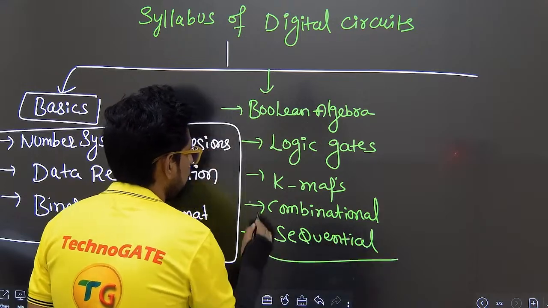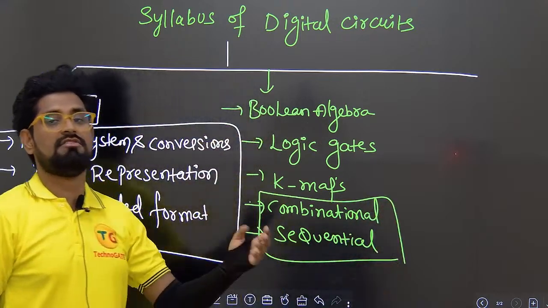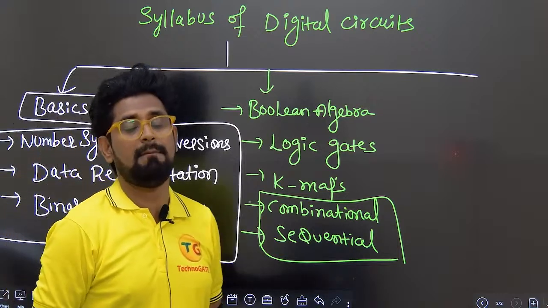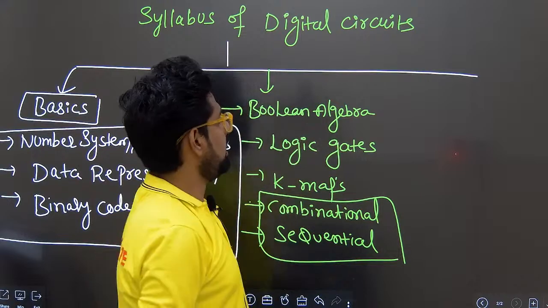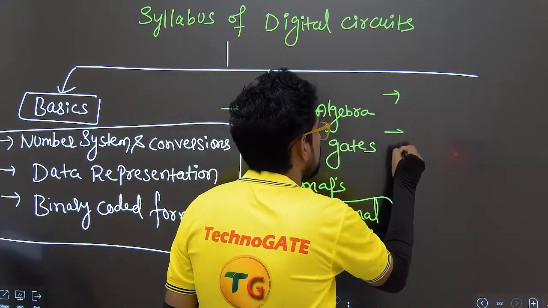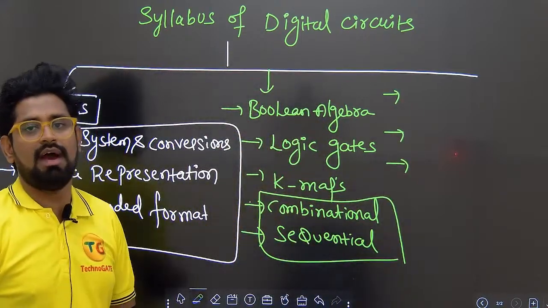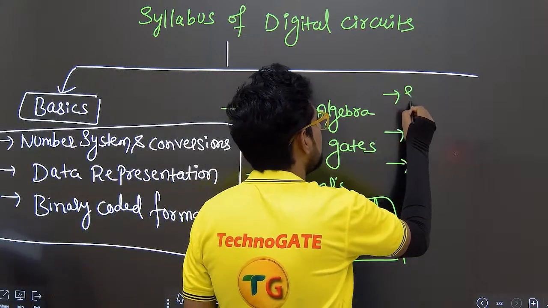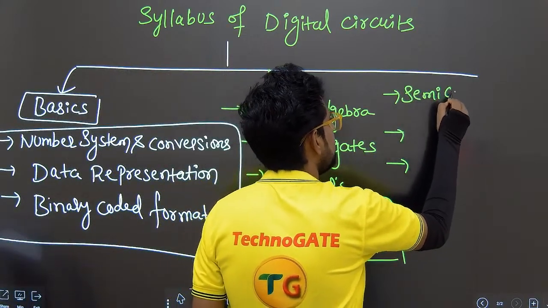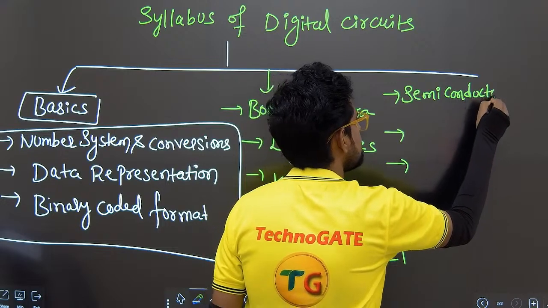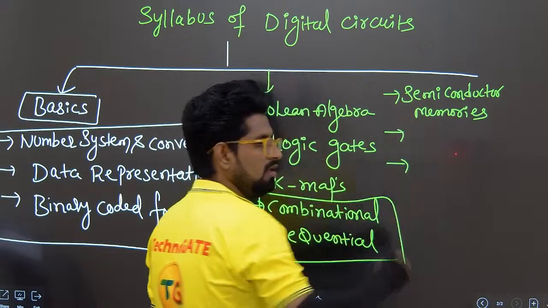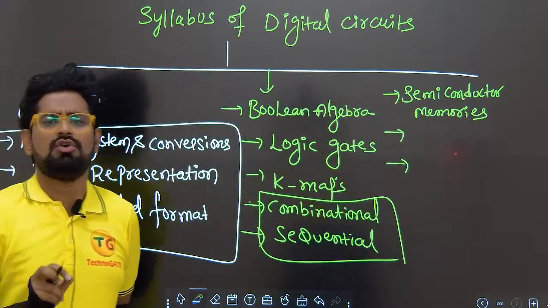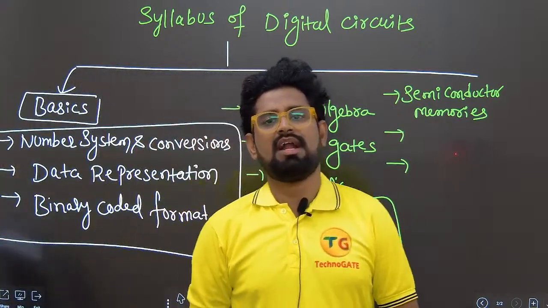About these two I am going to have lots of discussion, and after completion of combinational circuits and sequential circuits, let me tell you three more topics we have. The first is semiconductor memories, like RAM, ROM, etc. Let me elaborate on semiconductor memories.